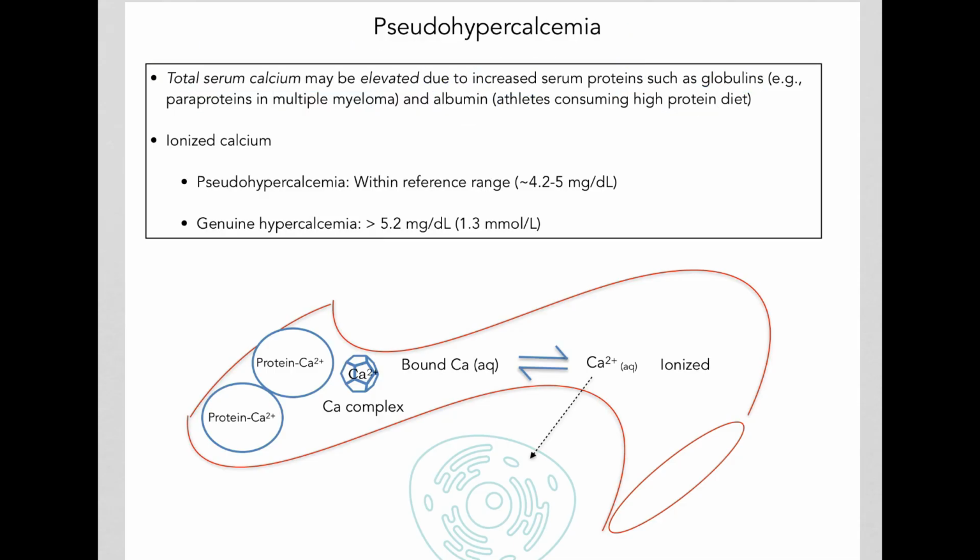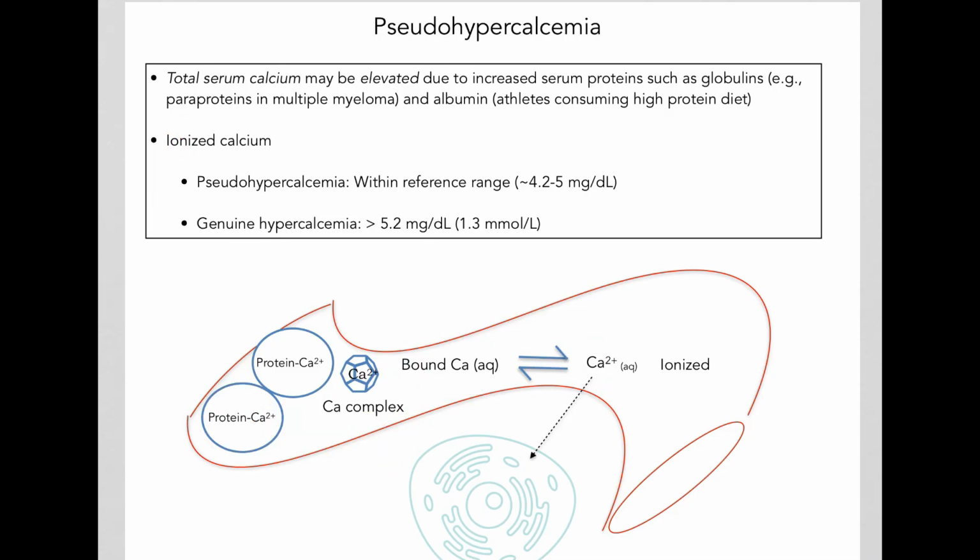Recall from a previous video, when we measure total serum calcium, we are measuring not only the ionized active calcium, but we are also measuring the bound calcium, which includes calcium complexes as well as calcium bound to protein. So if there is increased protein, there will be more calcium bound to protein, and that will increase the total serum calcium.